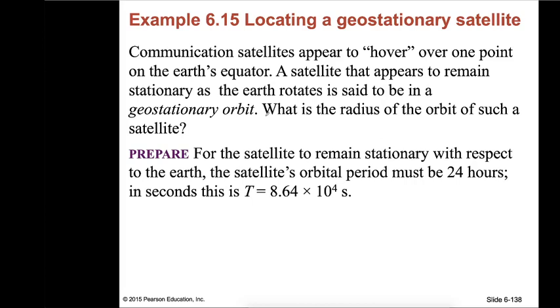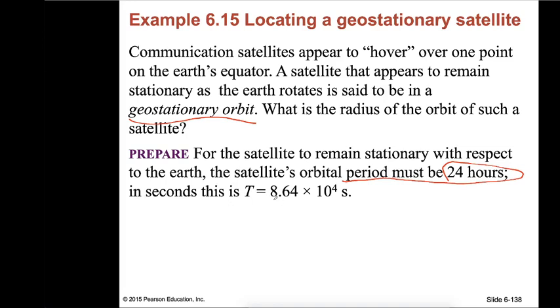What's the radius of the orbit of such a satellite? Even though it doesn't mention it, we should know that if it's a geostationary orbit, it's rotating with the Earth, so the orbit of the satellite will have a period of 24 hours. Even if we don't say it in the question, you should know that.